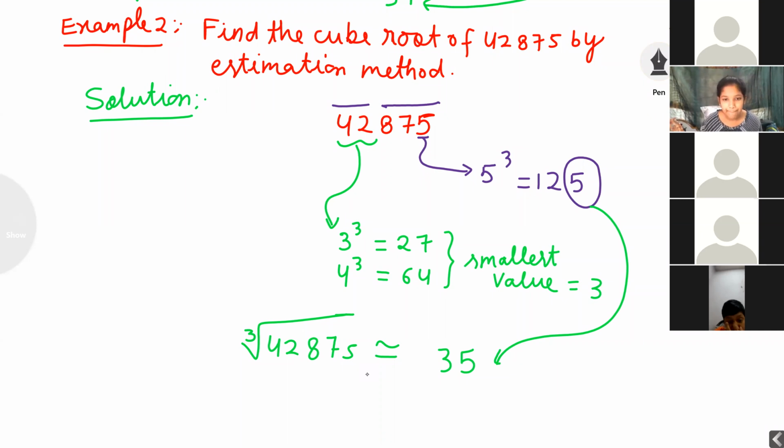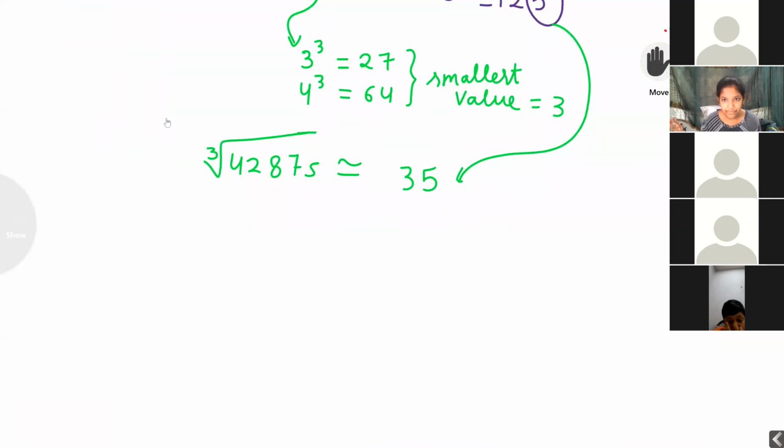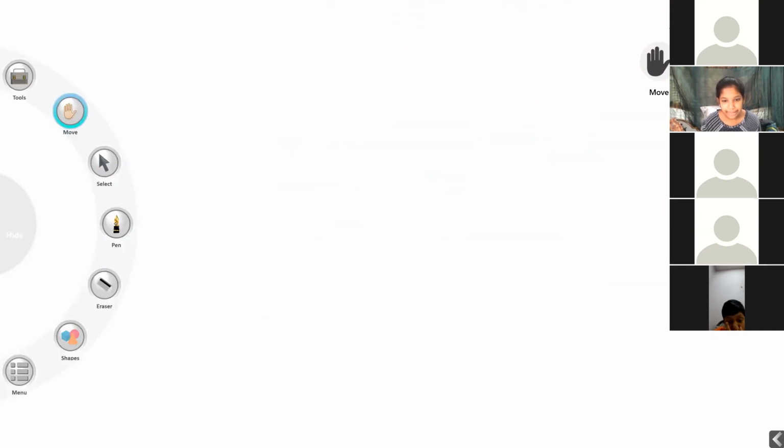Example 3, note down, everyone. Find the cube root of 56,819 by the estimation method.